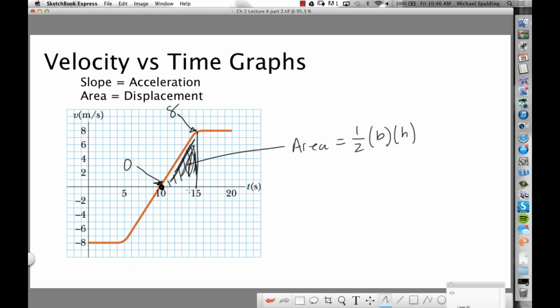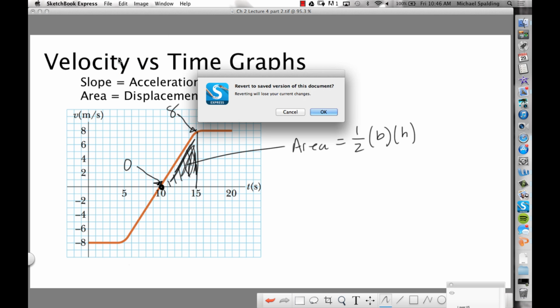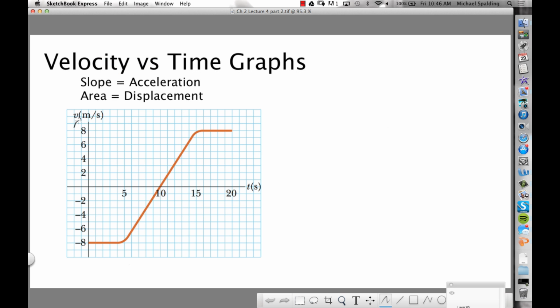Okay? All right, I'm going to give you some questions to answer, but the final thing I want to point out here: notice that these numbers here are positive. These numbers here are negative. What is plus and minus in physics? Direction. So I want you to imagine that this graph pertains to a car.